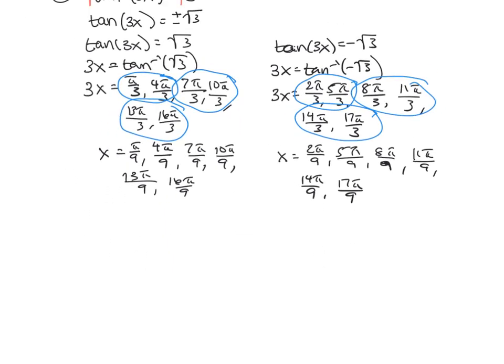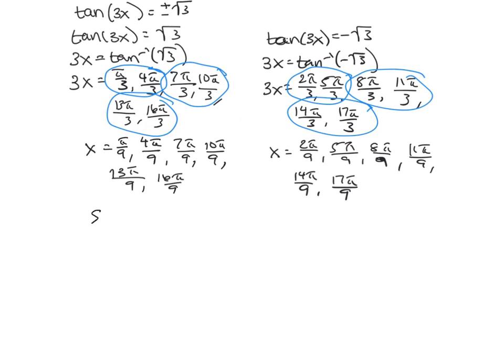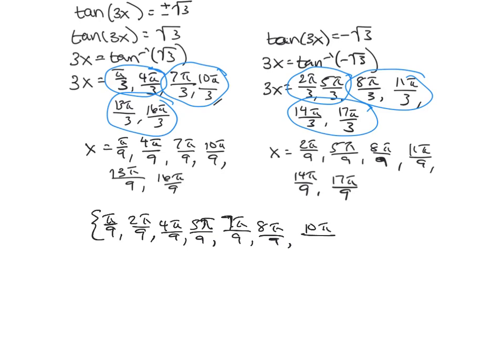So we're going to make a really long solution set when we put all this together. From least to greatest: pi over 9, 2 pi over 9, 4 pi over 9, 5 pi over 9, 7 pi over 9, 8 pi over 9, 10 pi over 9, 11 pi over 9, 13 pi over 9, 14 pi over 9, 16 pi over 9, 17 pi over 9.